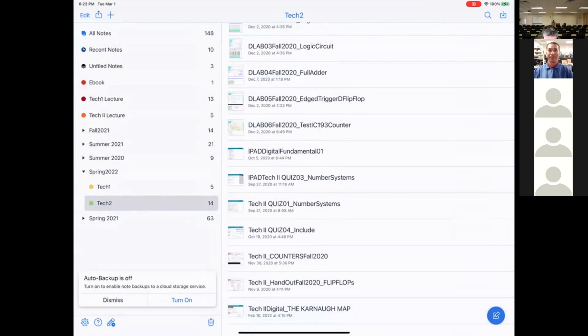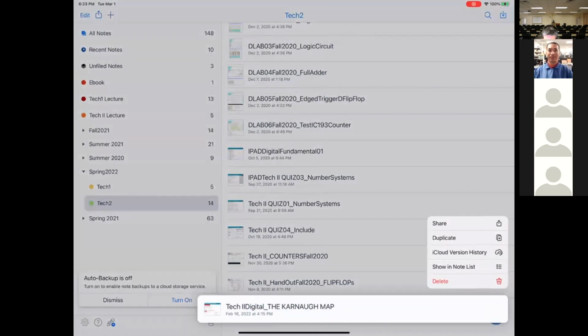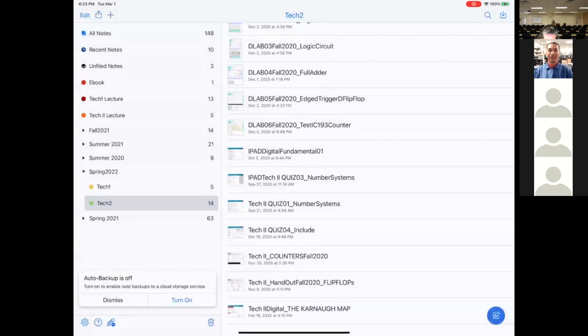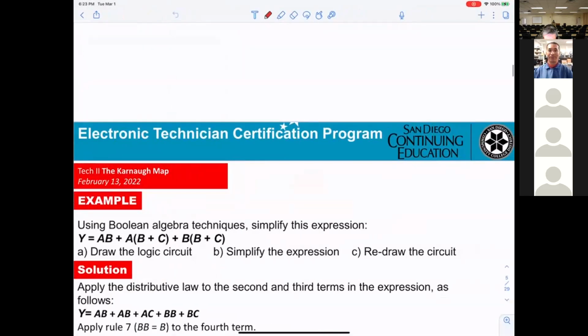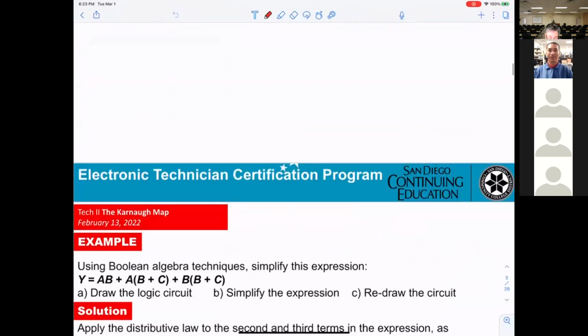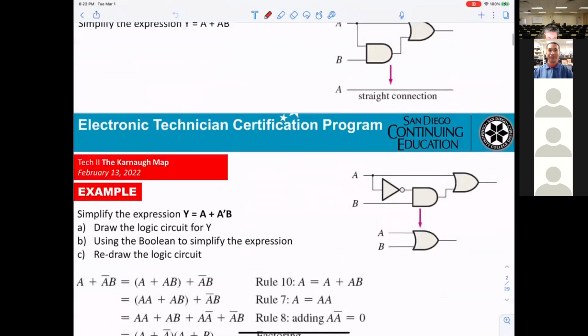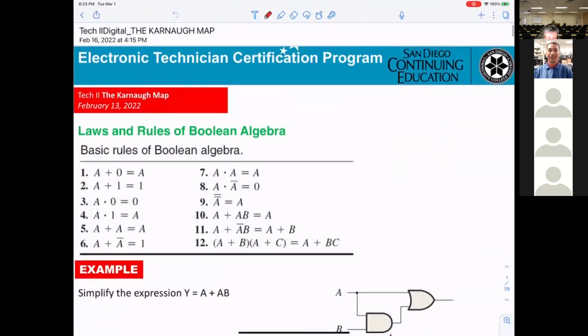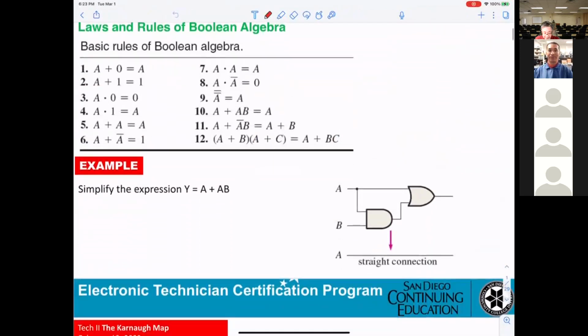Okay, I did it to K map here. Okay, that for Karnaugh map. This is a Boolean. We already gave it to you. Okay, and next one. You see that?